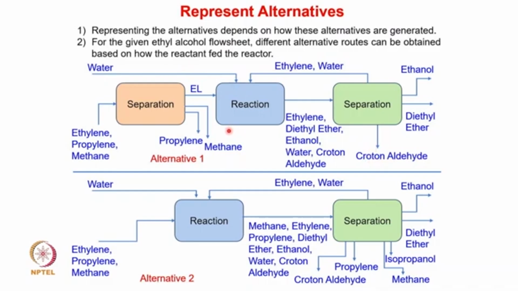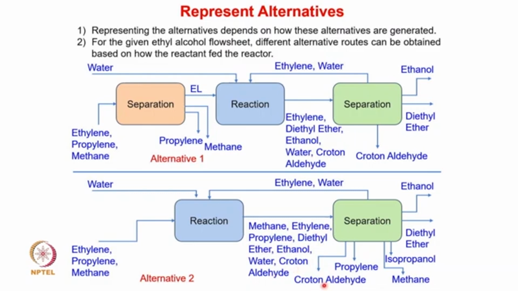Of course, in a similar manner there are different possible alternatives. Another such alternative is, instead of separating the propylene and methane before the reaction, we directly feed the propylene and methane along with the ethylene to the reactor. So here you can see that the product stream will comprise methane, ethylene, propylene, diethyl ether, ethanol, water, crotonaldehyde.